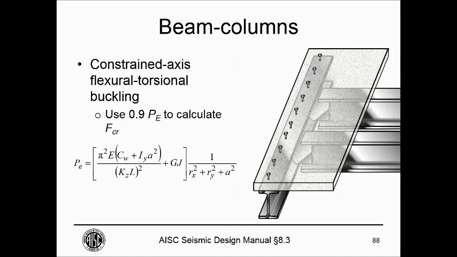And you can see all of these section properties in there, the unbraced length L, and then this dimension A. That dimension is just the dimension from the centroid of the section to where that restraint is, and we take that as half the depth of the beam, essentially, assuming the restraint is right at the top flange.